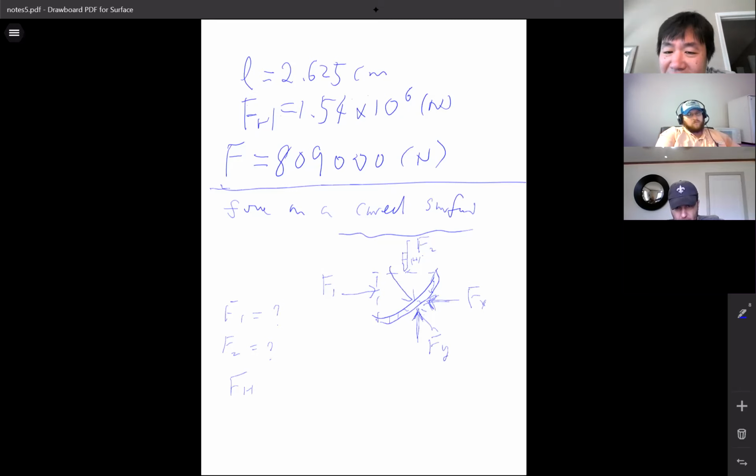Looking at this, F1 and Fx, are they related? Are they equal? Let me ask the rest of the class, are they equal?